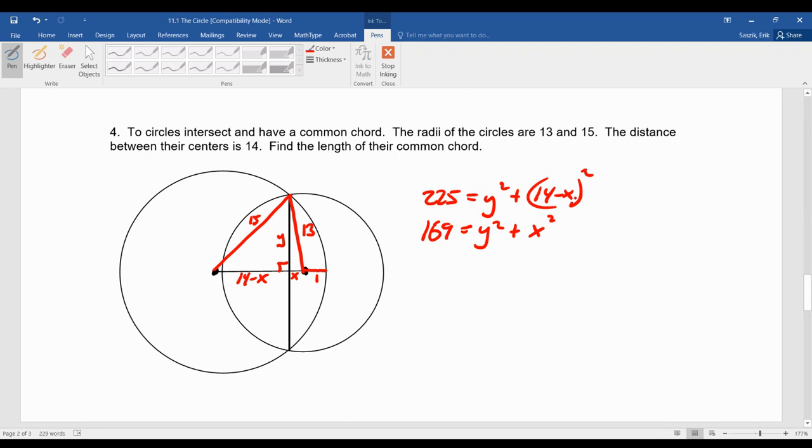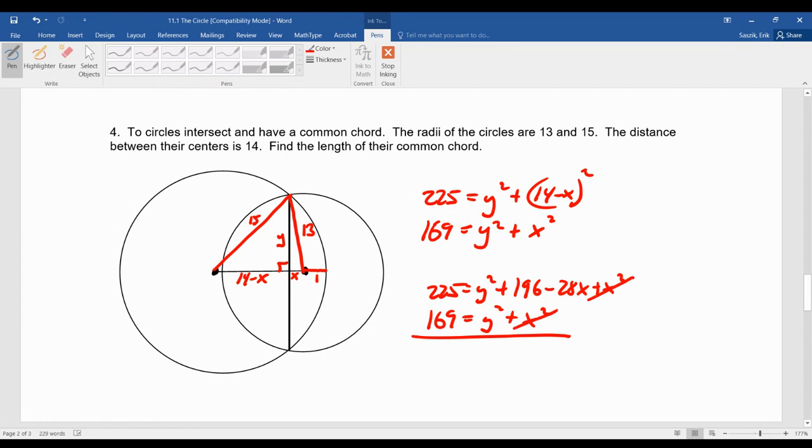Now I'm going to expand that. I'm sure none of you are going to make a mistake doing that. I get 225 equals y squared plus, this would be what? 196 minus 28x plus x squared. Nothing changed down here. I'm going to take these two equations and subtract them.